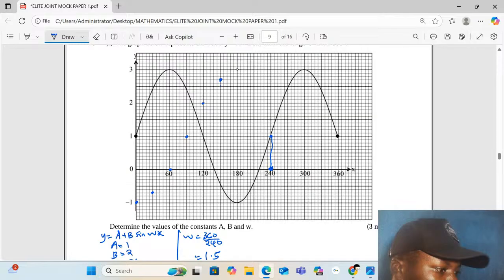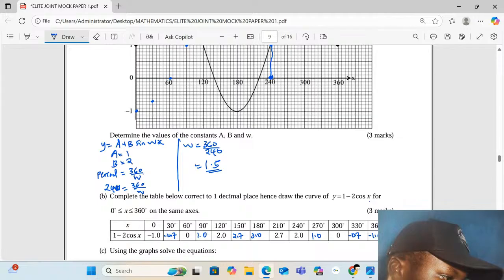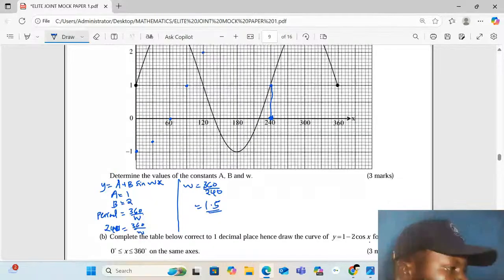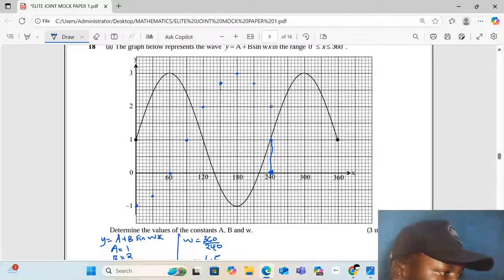Then we have 210, we have 2.0 here. Then 270, 1.